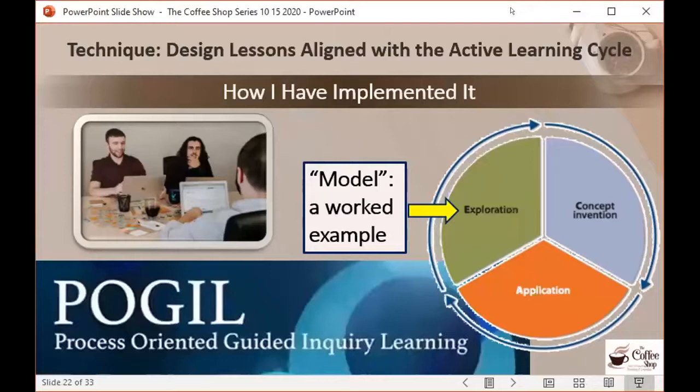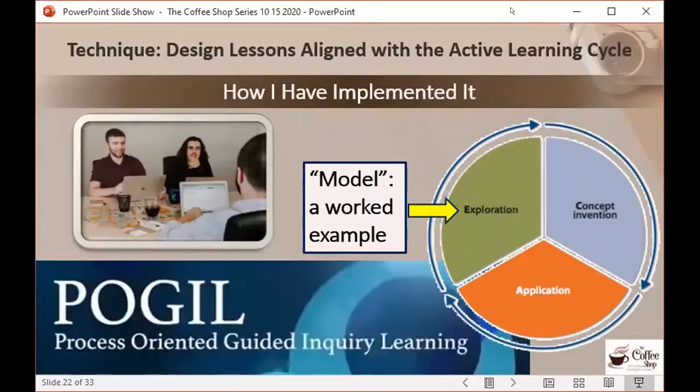It's kind of like a worked example of what you want the students to be able to answer at the end. So often it has a pretty graphic, as simple as you can make it, labeled with some concepts and key vocabulary that the students need to know in order to answer these questions. And so this takes a lot of thought to generate a nice, simple model which is well labeled.